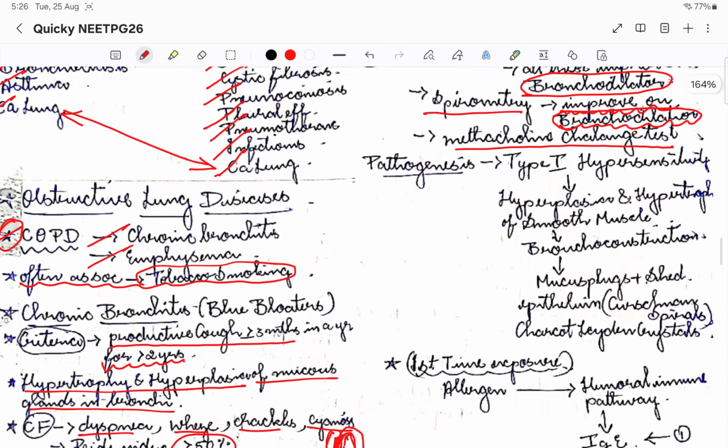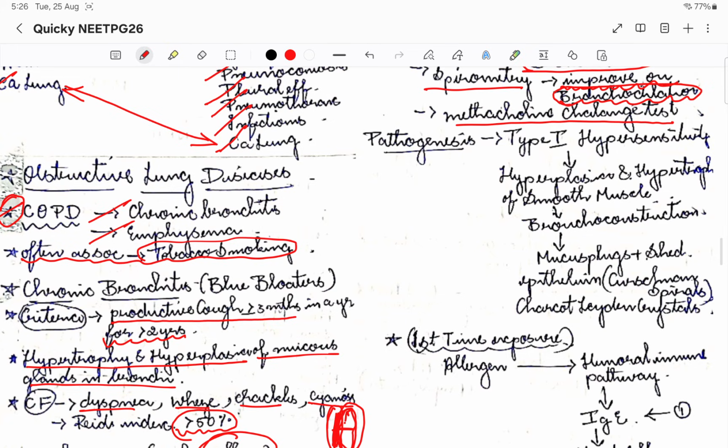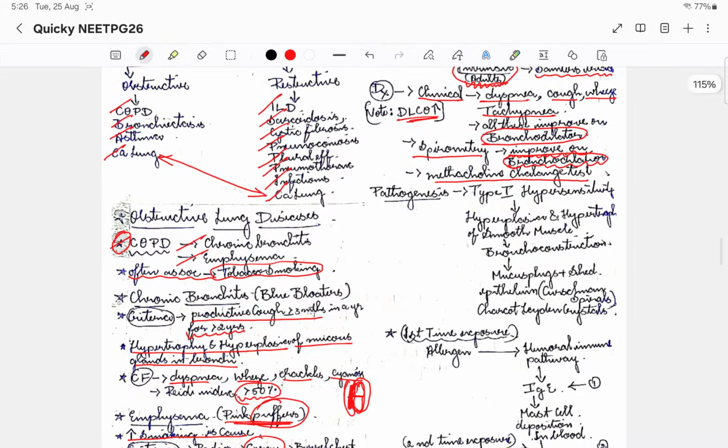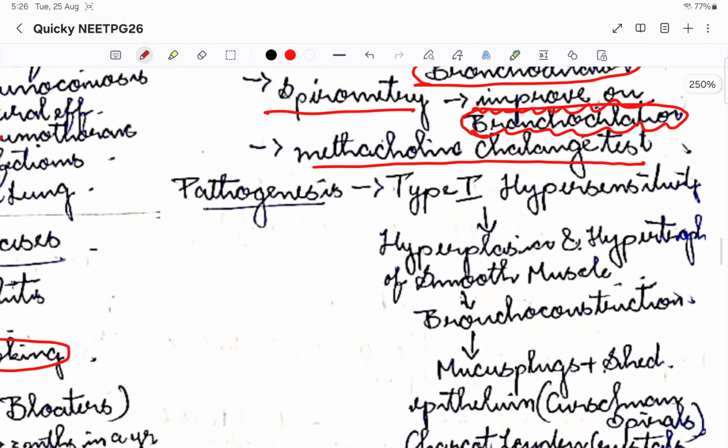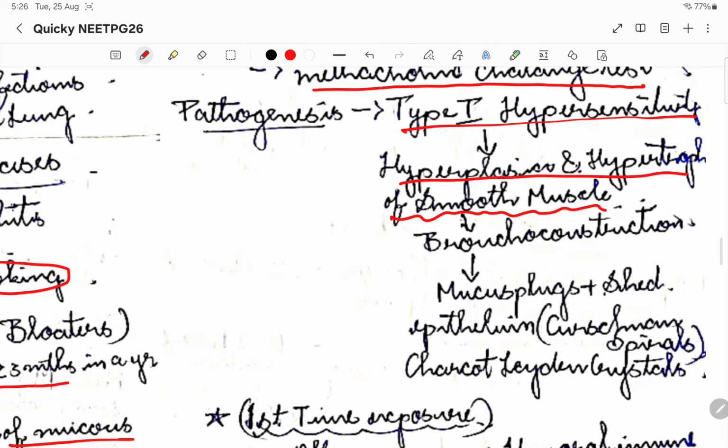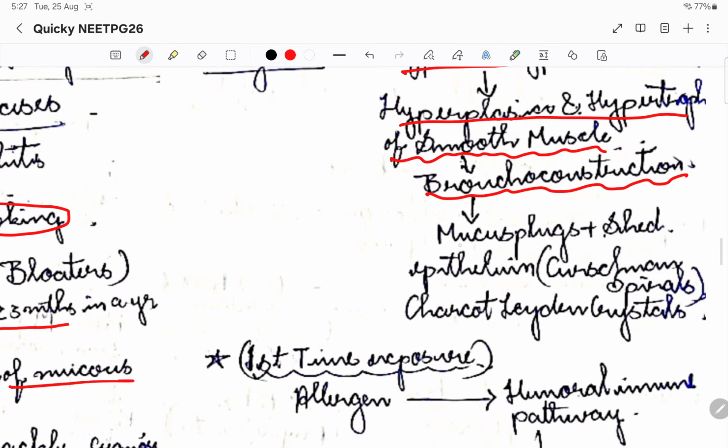Let us see the pathogenesis, so that we can go directly to how the management of asthma can be done. Mainly it is a type 1 hypersensitivity reaction where there is hyperplasia and hypertrophy of the smooth muscles of the bronchioles. Because of this there will be bronchoconstriction, which leads to mucus plugs and shedding of epithelium.